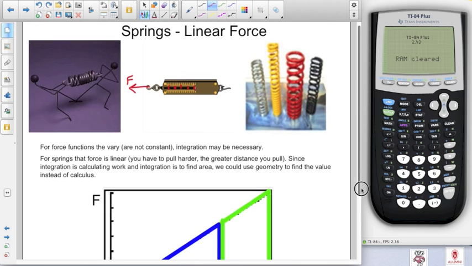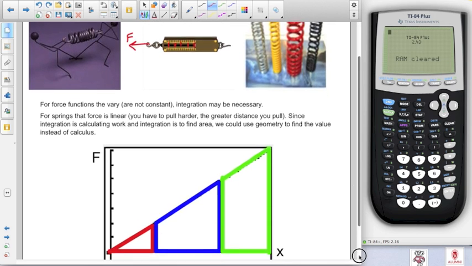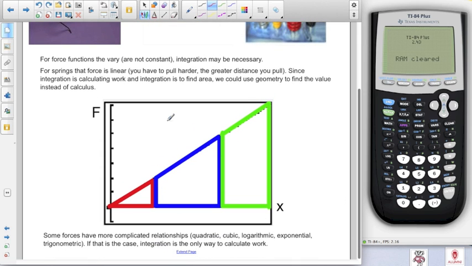If we look at that graphically, we talk about this linear force function where if you apply 0 force, you have 0 stretching of the spring. And as you apply a larger and larger force, you have more and more stretching of the spring.